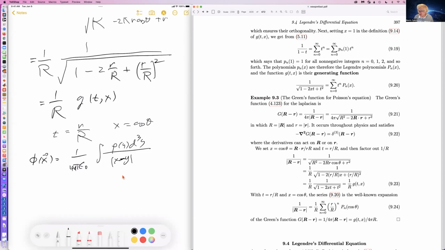And the curious thing about the generating function is that it is the Green's function. It then occurs to me to ask, is it more generally true for other systems of polynomials or special functions that the generating function is closely related to the Green's function of the physical problem that gave rise to the differential equation in the first place?